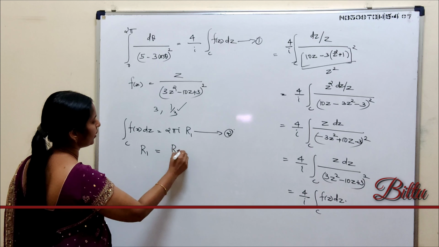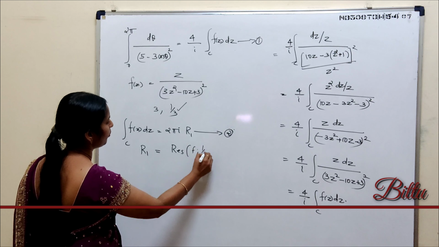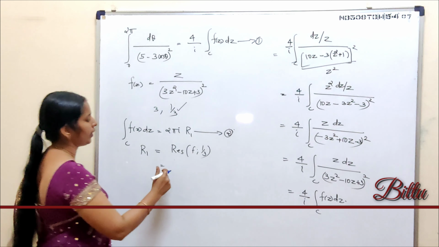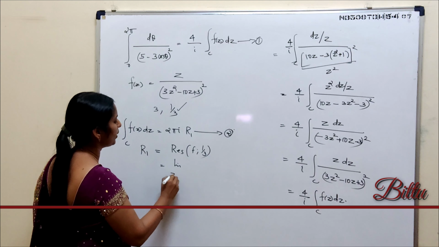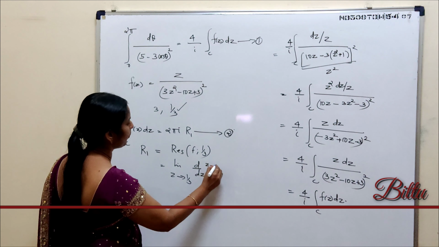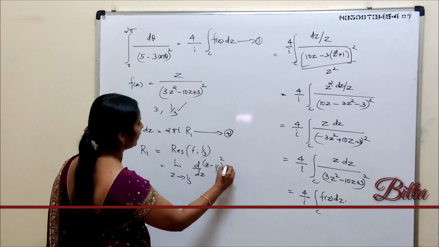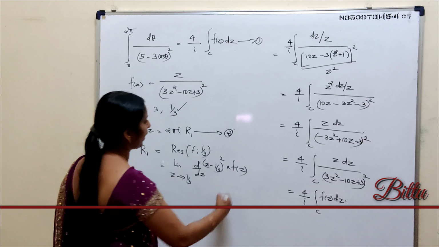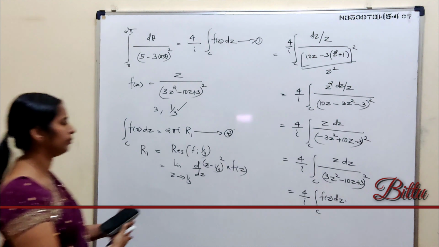R1 is the residue of f at 1 by 3. And see, it is a double pole, so you apply the formula for a double pole. It is limit z tends to 1 by 3 of the first derivative of z minus 1 by 3 the whole square into f(z). You give the factorization of f(z).